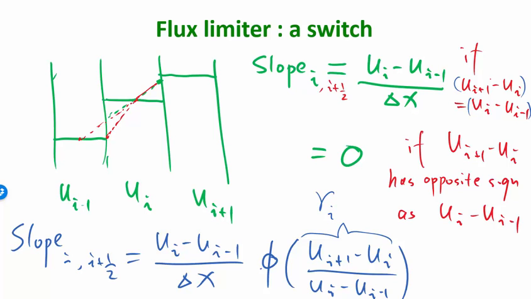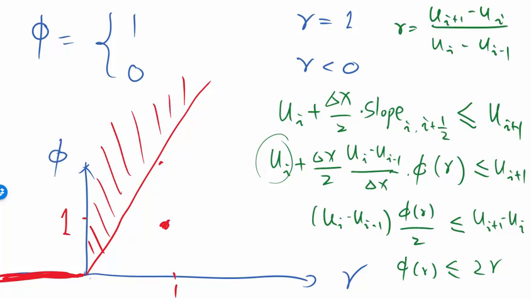And the other constraint is saying that the slope cannot be more than twice as steep, which means the value of phi can never be greater than 2. So that puts a constraint like that.